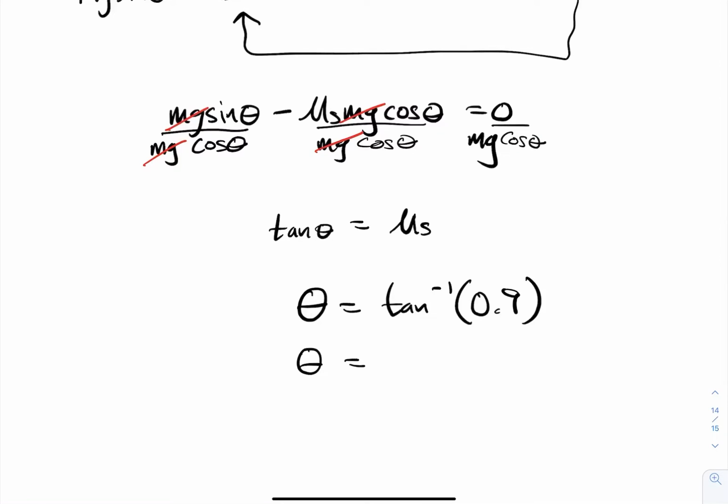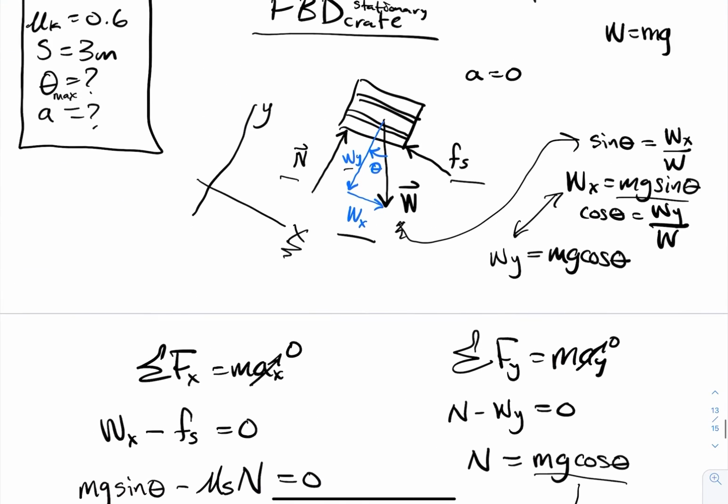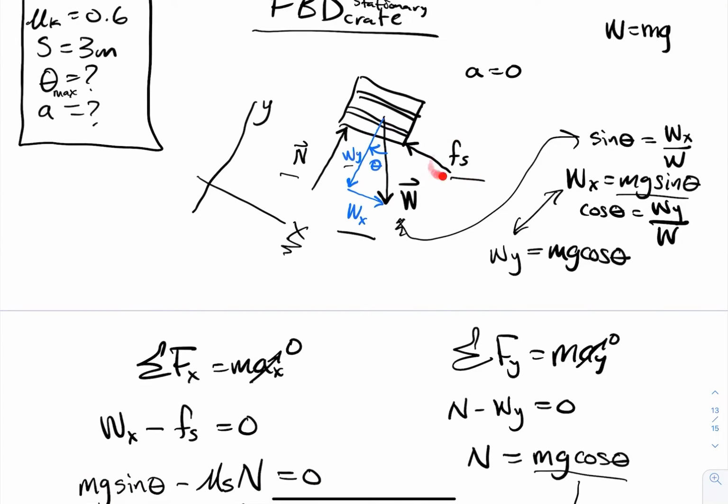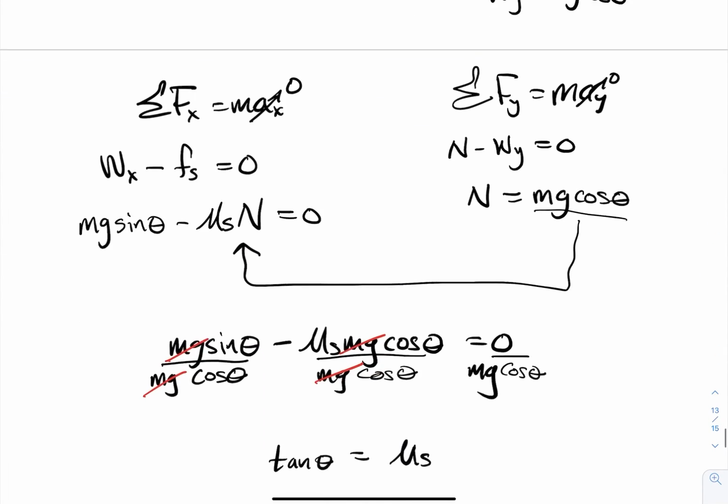If you calculate this with your calculator, you'll get 42 degrees. So this would be the maximum angle where the static friction force can maintain the crate's position on that incline.